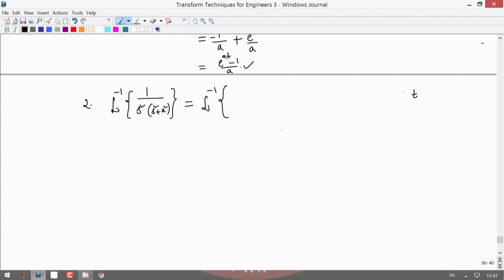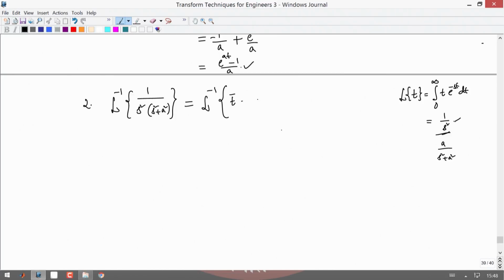The Laplace transform of t is the integral 0 to infinity of t times e power minus s t dt. If you do integration by parts, this is going to be 1 by s square. So, you have t bar multiplied with 1 by s square plus a square. I can multiply by a and divide by a.